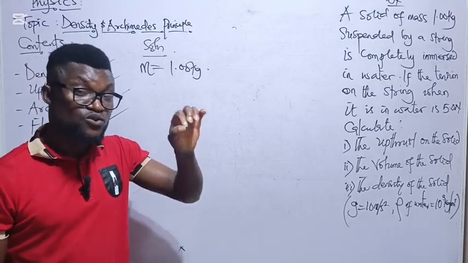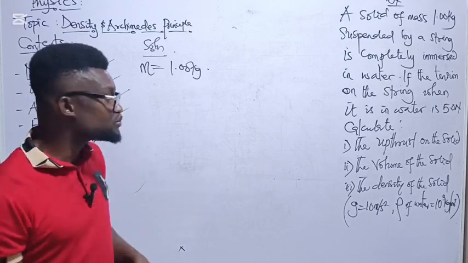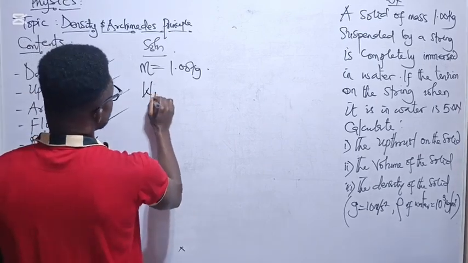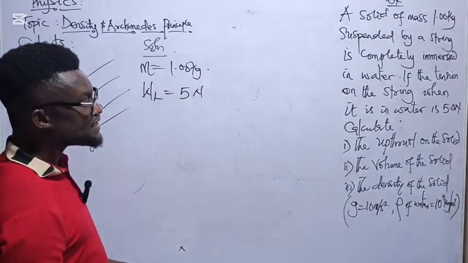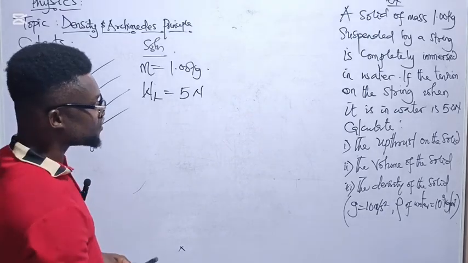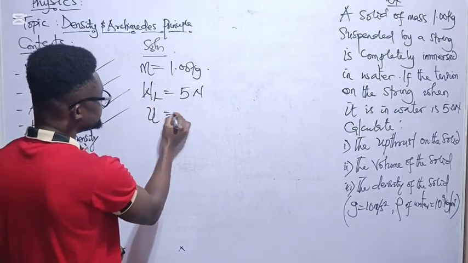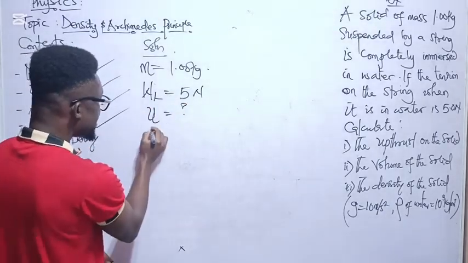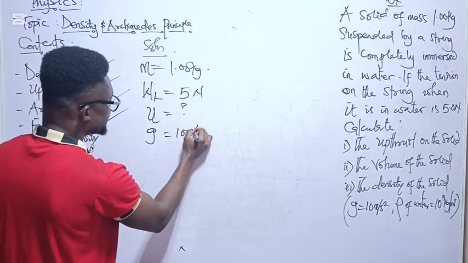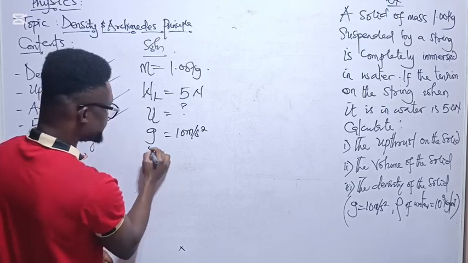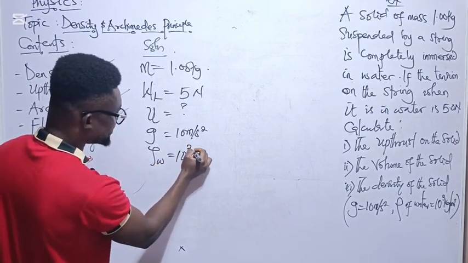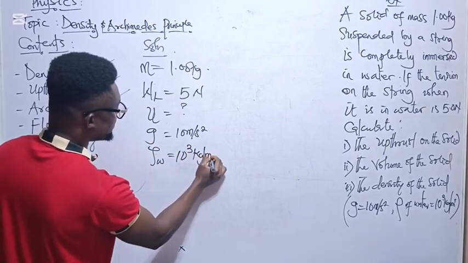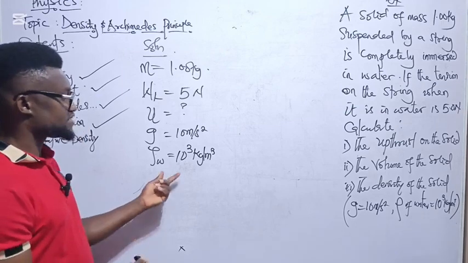That will now be the weight of the body in liquid. So we have the weight in liquid to be 5 Newton. Now calculate the upthrust on the solid. Then we have g given as 10 meter per second squared. Then again, we have the density of water as 10 raised to power 3 kilogram per meter cube, which means 1000.